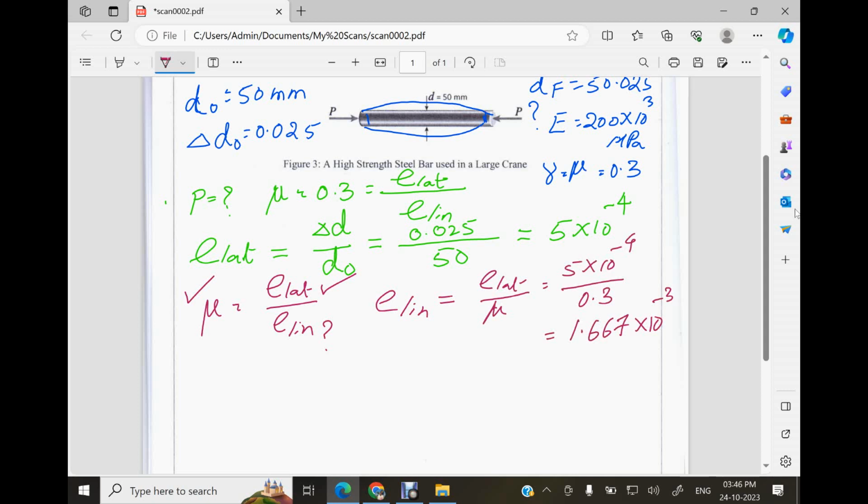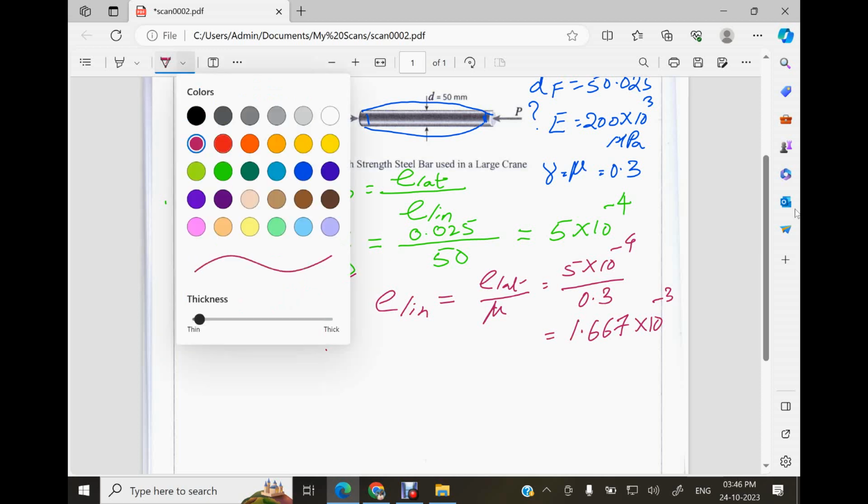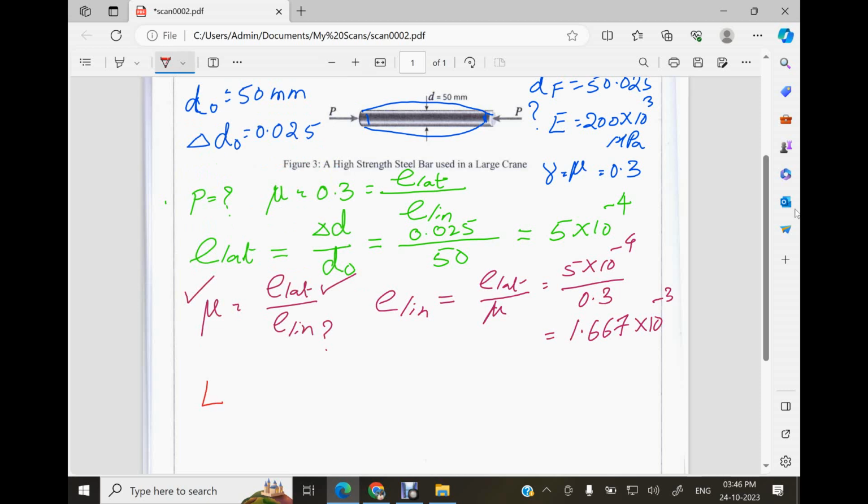Now, what are the other things we know? Now we know E, Young's modulus, which is nothing but stress divided by strain. This strain is always linear strain. Remember, E linear. Now you want to find out stress. He has given me Young's modulus and E linear. I don't know sigma. If I find out sigma, sigma is equal to force by area, so you can easily find out force.